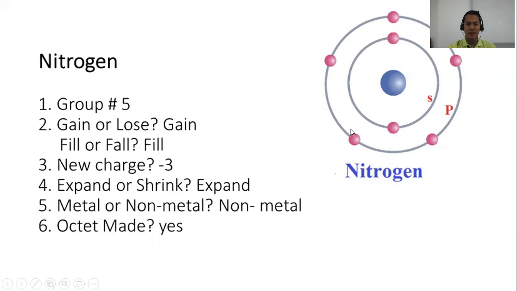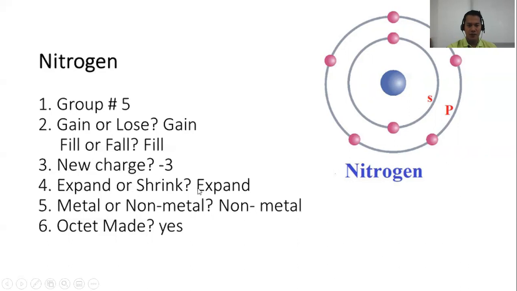So this element will get the octet. Remember, octet means 8. In order for this element to gain octet, it will get 3. So the new charge is negative 3.